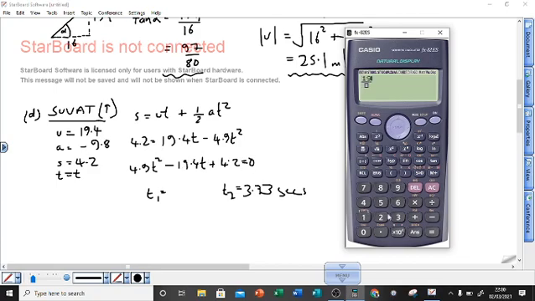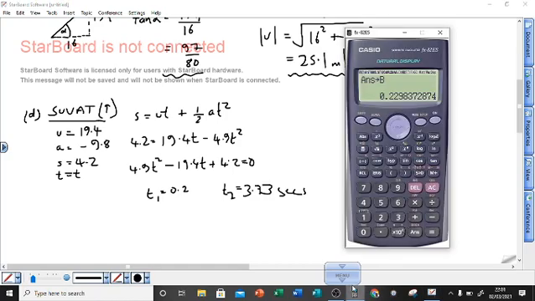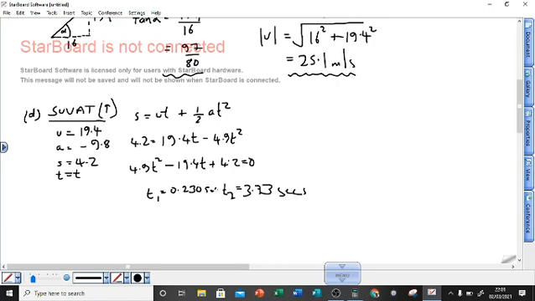It is minus b, 19.4, minus the square root of 19.4 squared minus, open brackets, 4 lots of a, which is 4.9, lots of c, which is 4.2, close brackets, come out, go down, and that's 9.8 equals, and it gives us that, which I'm now going to shift, store, B, and that is 0.230 seconds.